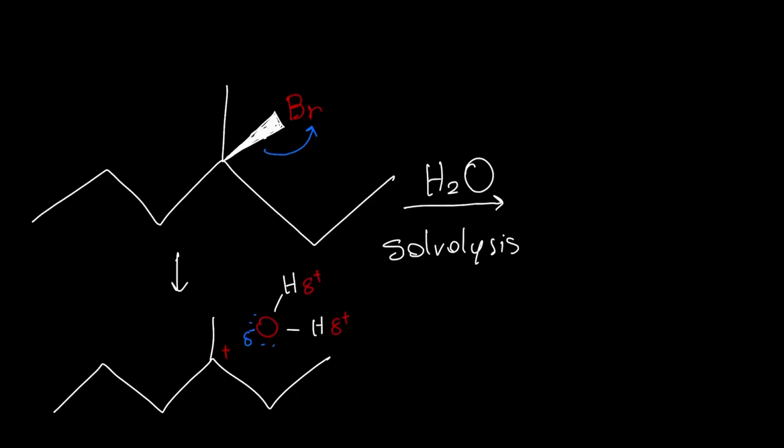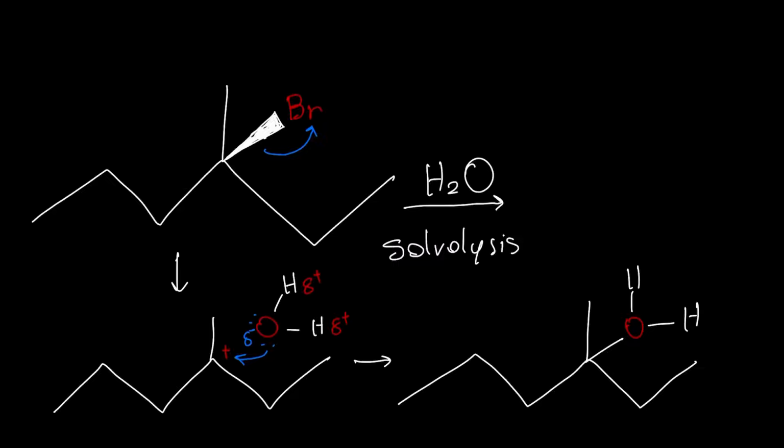And this partial negative charge on the oxygen attracts it to the carbocation. So the oxygen is going to attack the carbocation, and in the next stage of the reaction, the water is going to attach to the carbon. However, the water is going to have a partial positive charge at this point.